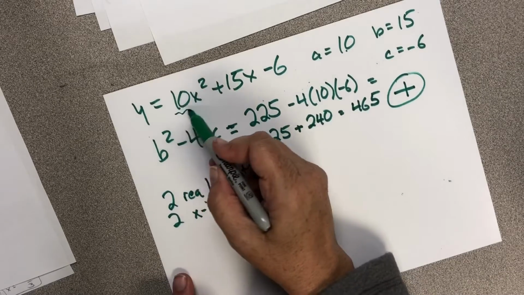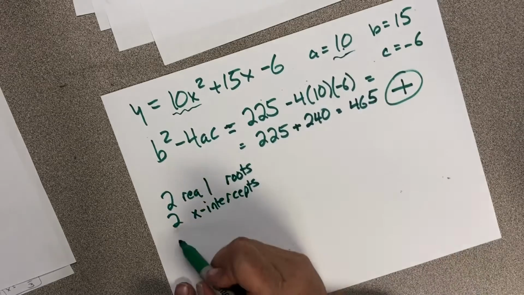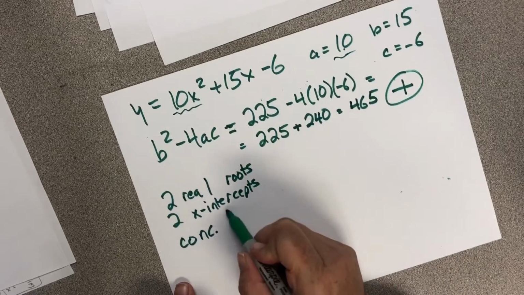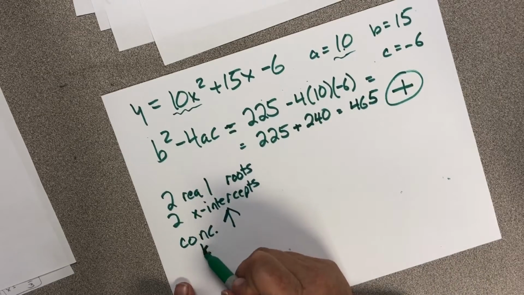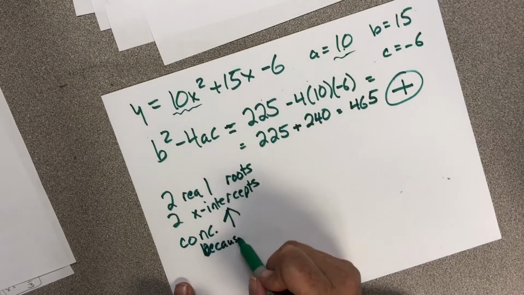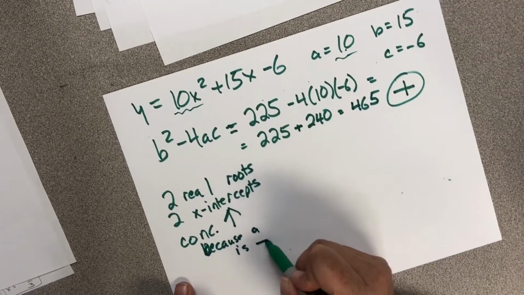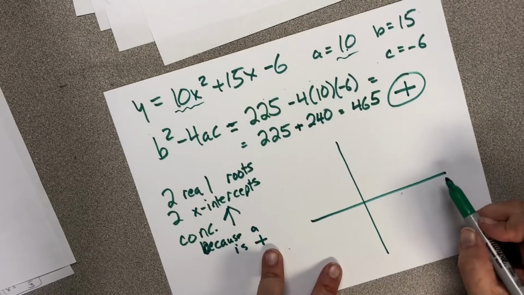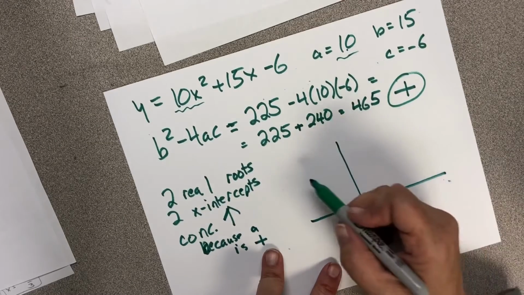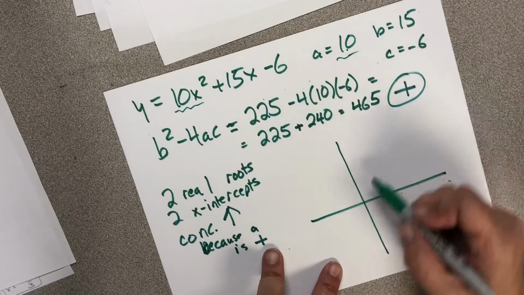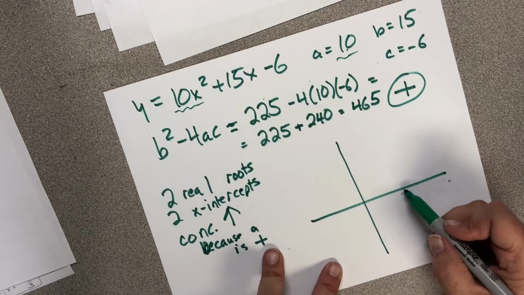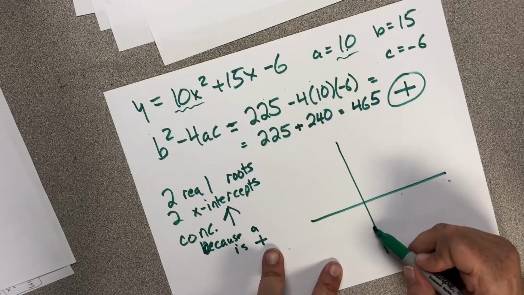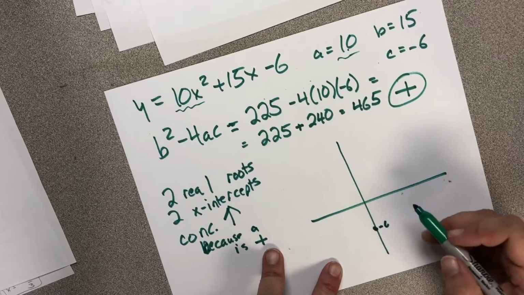In this case, we are concave up because a is 10. It's because a is positive. If we want to sketch a graph on this, it would be enough for you to draw a concave up graph that showed me 2 real roots. If you want to do a little bit extra, you have a y-intercept of -6.